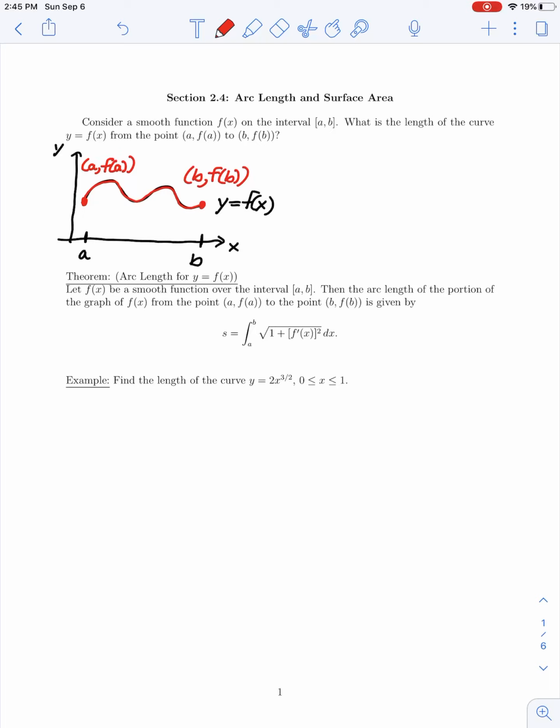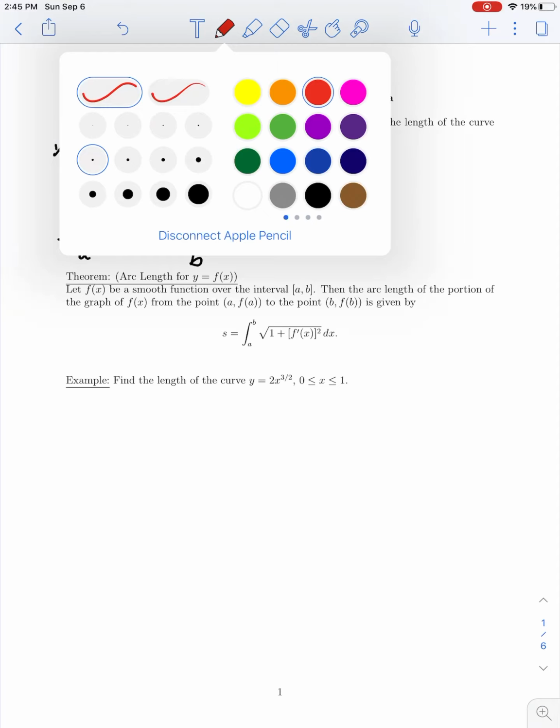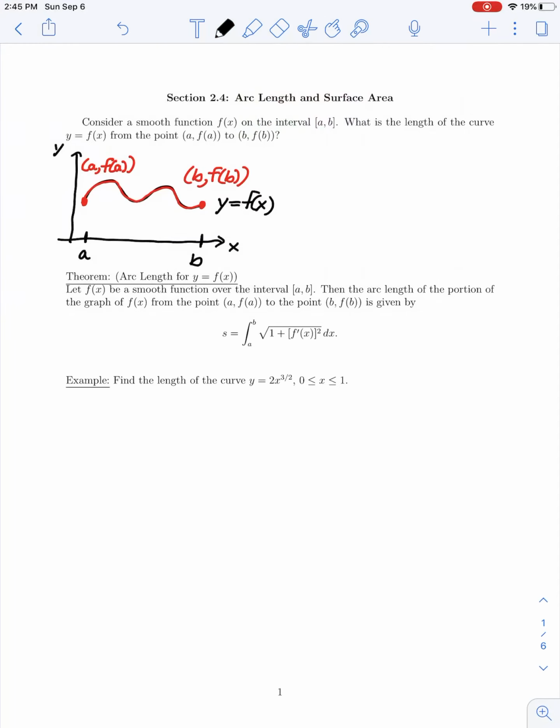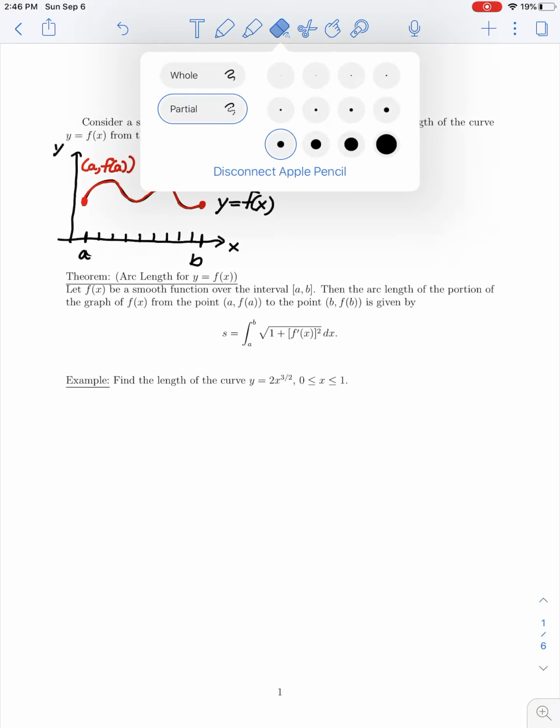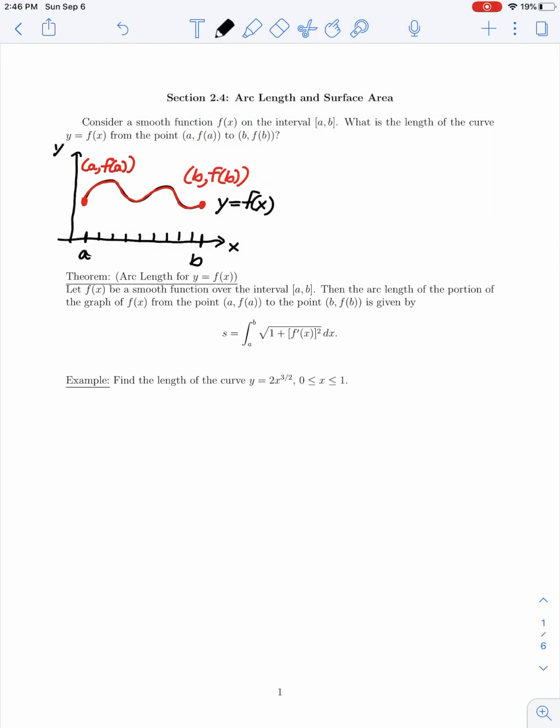So the idea is going to work as follows. Let's suppose that we take our interval from a to b, and I divide it up into little bitty sub-intervals that have an equal width, which I'm going to denote as dx. So here, the length of any one of these little intervals along the x-axis is what I'm going to call dx.